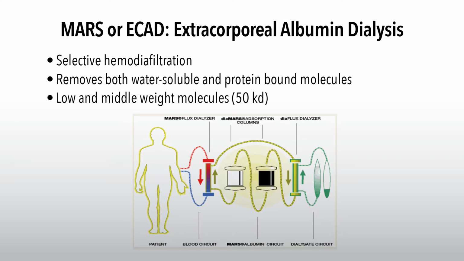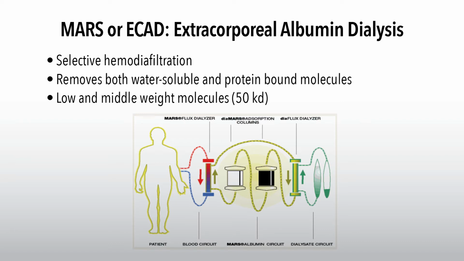The next alternative that we have for treating these patients is the MARS system, or ECAD, extracorporeal albumin dialysis. This system is a hemofiltration system in which, as in dialysis, a catheter is placed, the blood is extracted from the body, and the plasma is circulated through different columns.